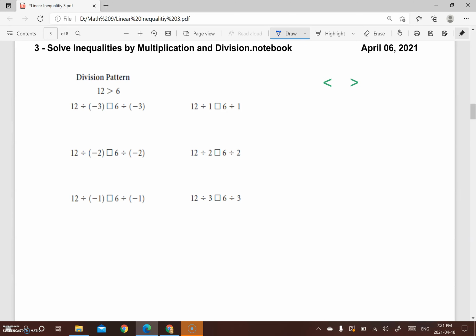Let's do the same for division. Oh, I must have multiplication on my brain.